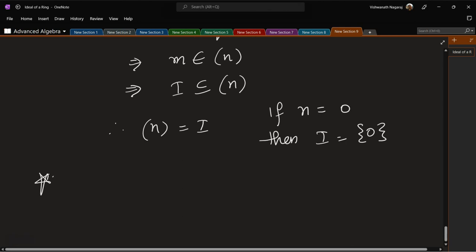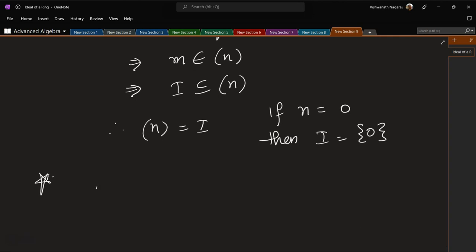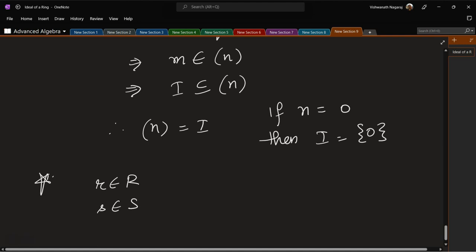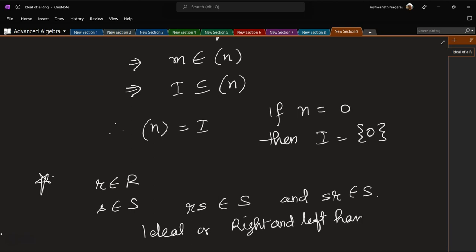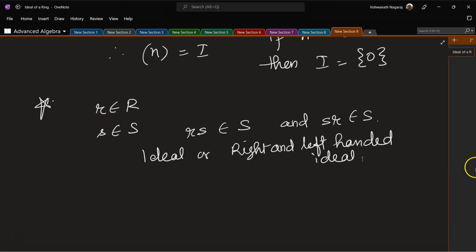Now another very important aspect is that remember we took the condition that if R belongs to R and S belongs to S, then RS belongs to S and SR belongs to S. In this case, it is called an ideal, or right and left-handed ideal. Now, it might happen that only one of the conditions is satisfied.